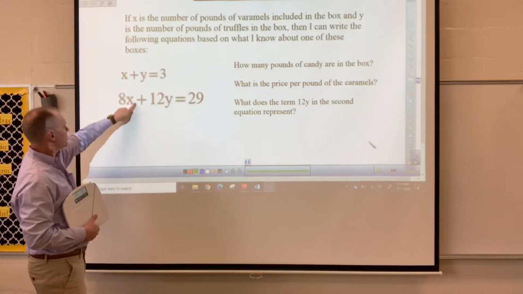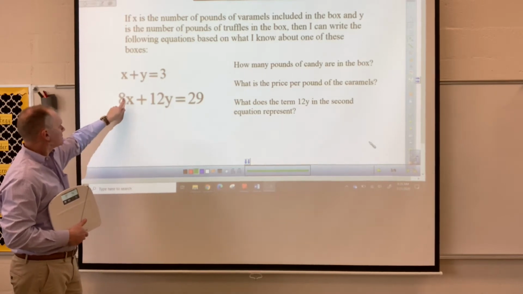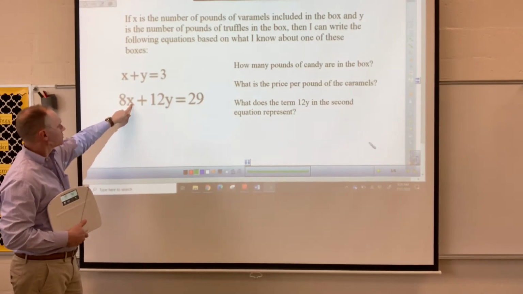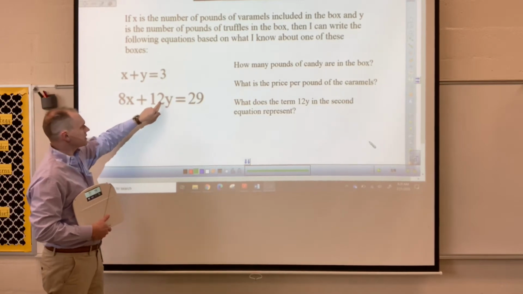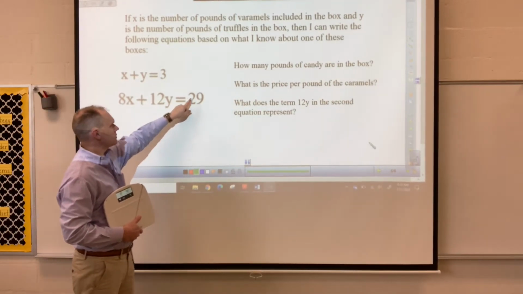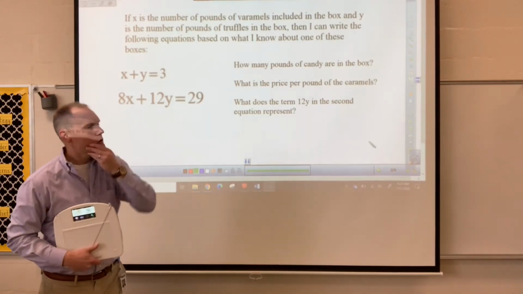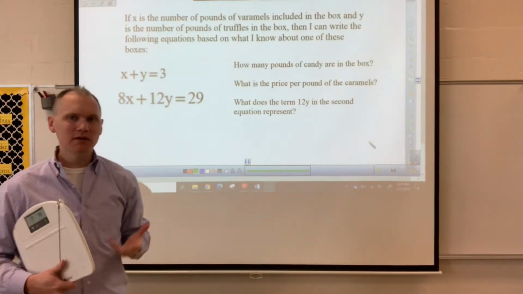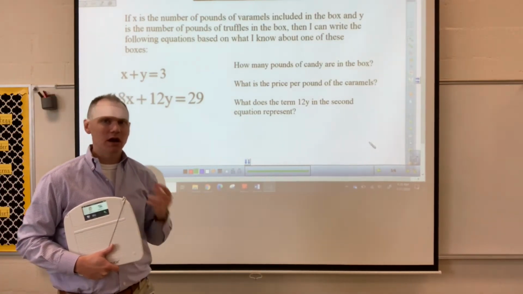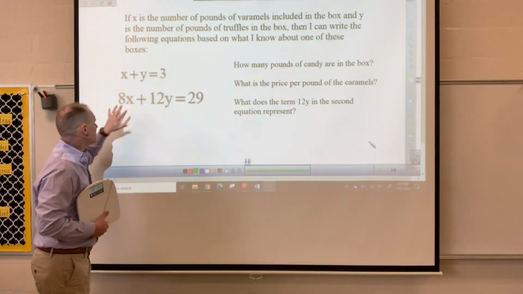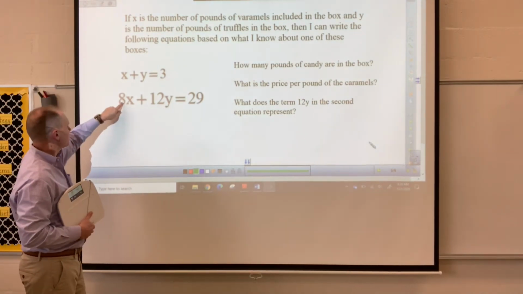Okay? Then we drop down here. 8 times the number of pounds of caramels plus 12 times the pounds of truffles equals 29. The only other thing that we might be dealing with here is cost and a total cost. So maybe that's what this equation means. Let's see if we can figure this out.